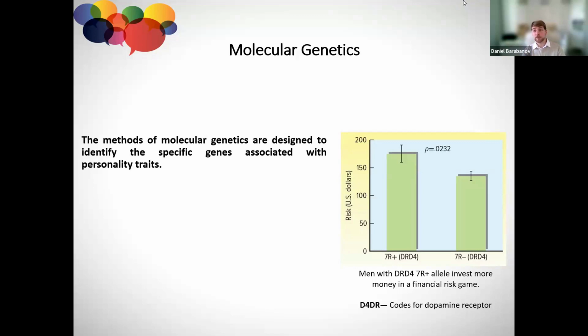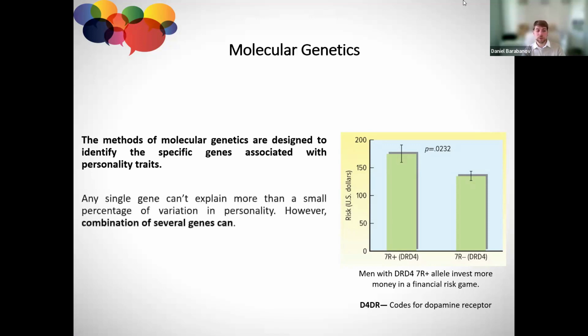Sometimes we can identify the exact genes responsible for the manifestation of certain personality traits. Though it seems very complicated because in people, most personality traits are so-called polygenetic. So the manifestation of this trait depends on several dozens and sometimes hundreds of genes. But in some cases, everything might be simpler.